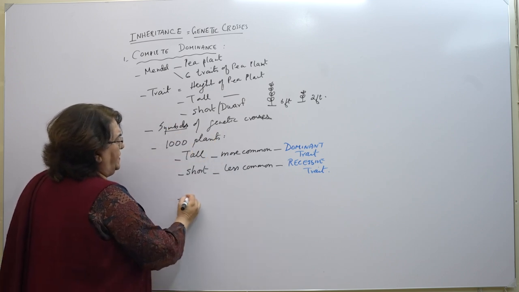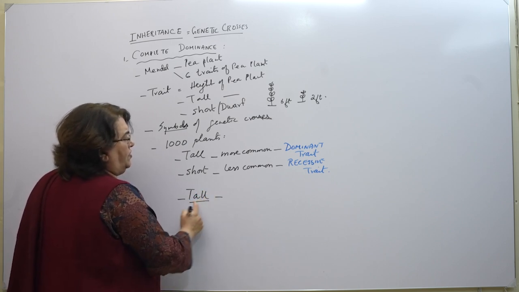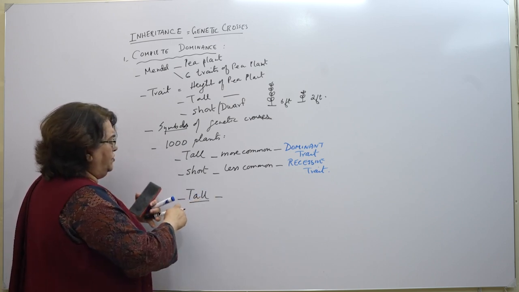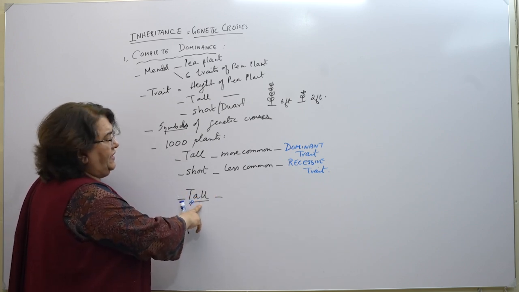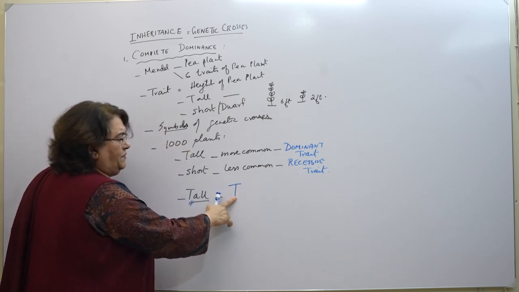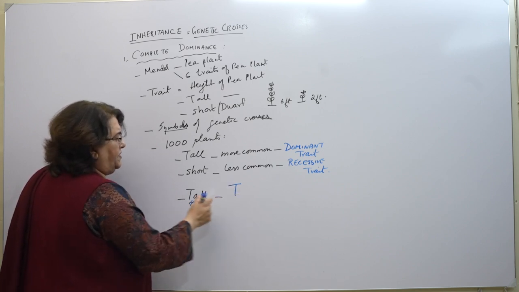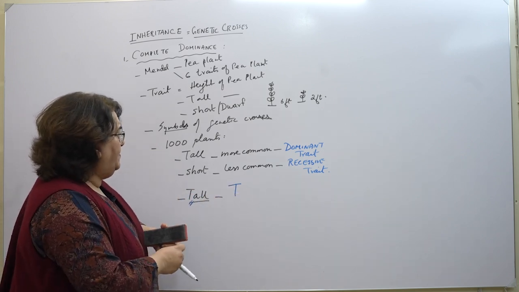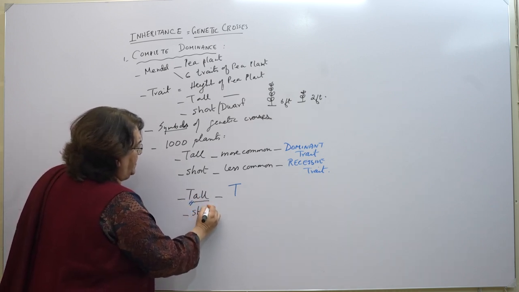So what he did was, number one, for the tall one, which was the dominant variety, we'll take the first letter of the dominant trait and we'll write down that letter. This capital T represents this trait, as well as being capital, it shows that it is the dominant one. Now, what symbol would I use for the short variety?